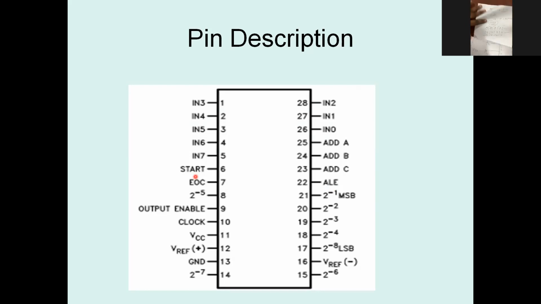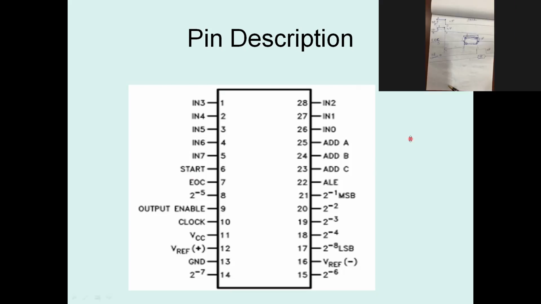Start the conversion, it will start, no? We give the ALE signal. Address latch enable, ALE. Address A, B, C. Can you recall this? ALE signal, SOC signal, EOC signal, OE and output. I already explained this, I think. Same functions over here. So how will it work? Same program also.